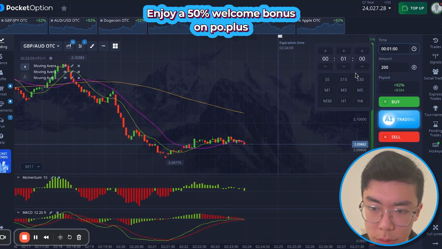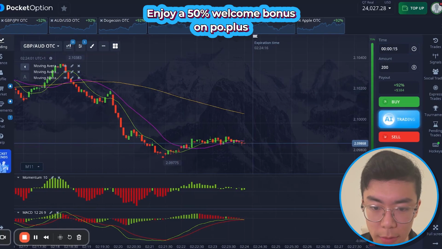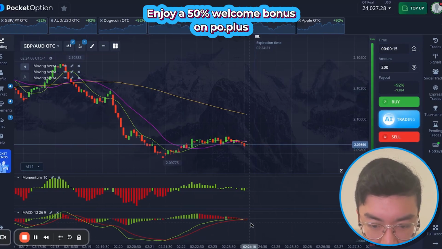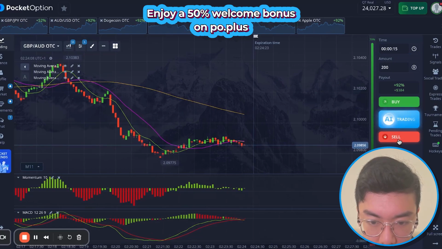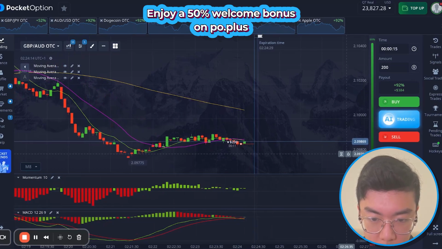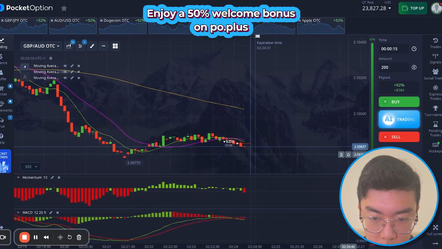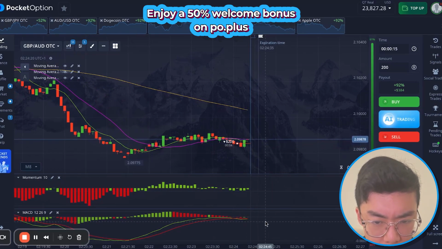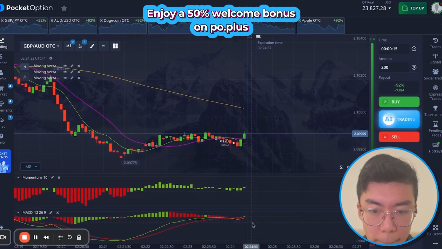Let's see if we can reduce this to 15 seconds. That's generally what I like. A little bit shorter term. So that is kind of a crossover there. Let's do a sell. Okay. Very volatile asset, as you can see right here.